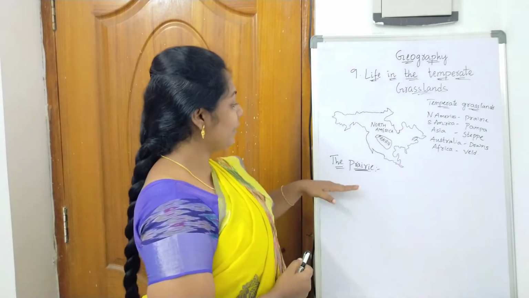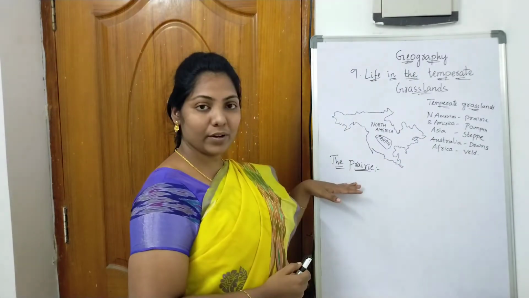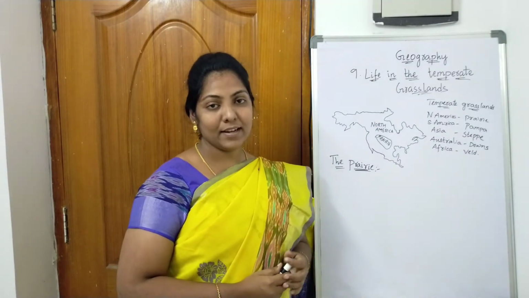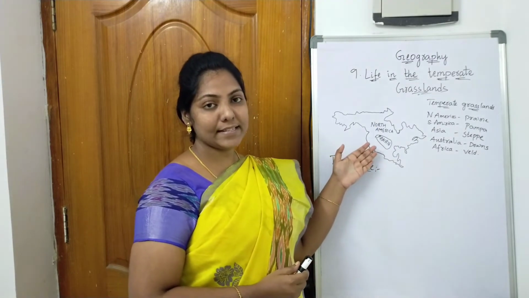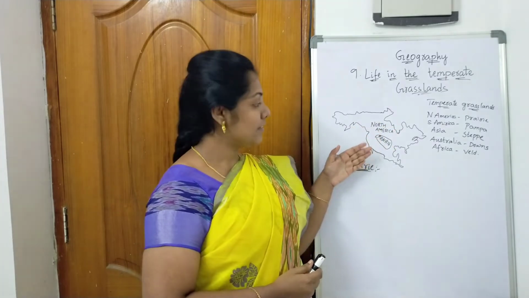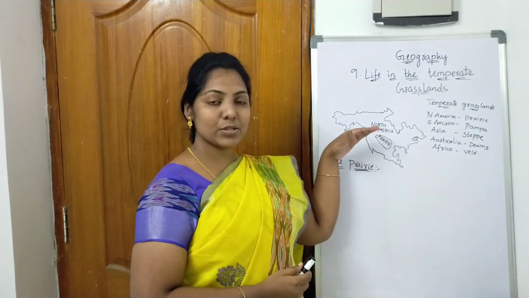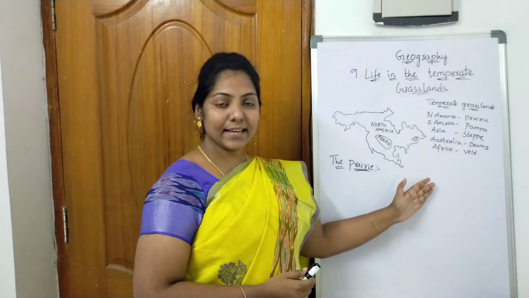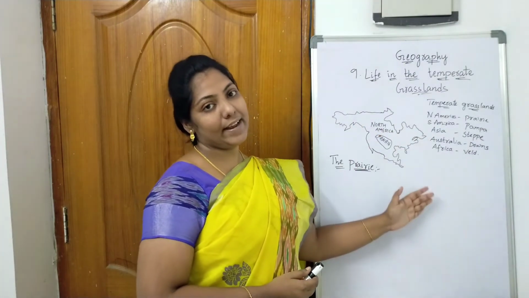If we come to prairie, where is prairie located? It is located in North America, and it is occupying areas like the United States and Canada. It is occupying some parts of USA and Canada, and here the area is stretched with grasslands.